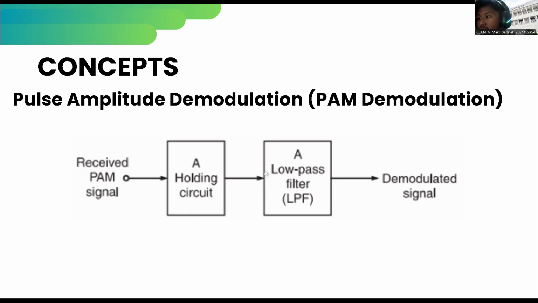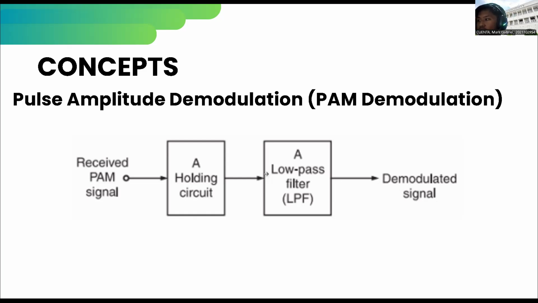Next, the held signal is led through a low pass filter, or LPF. It acts as a smoothing agent, removing the sharp, high frequency edges and switching noise left over from the sampling and holding stage.